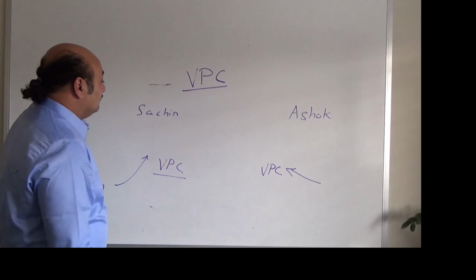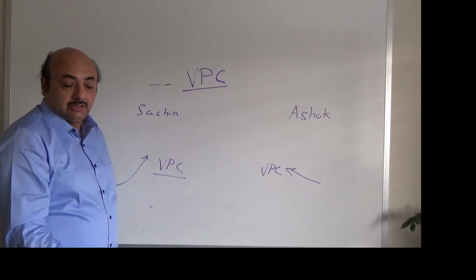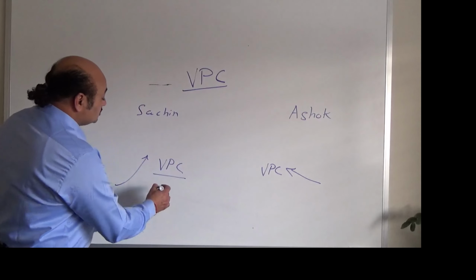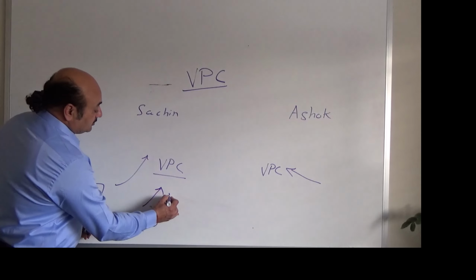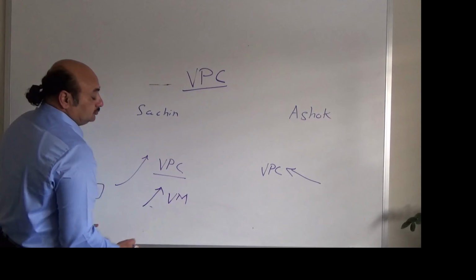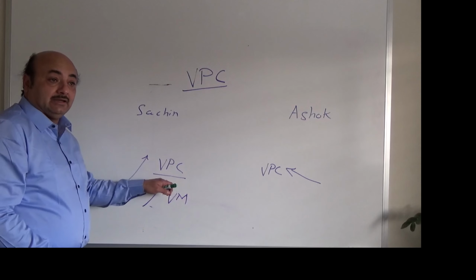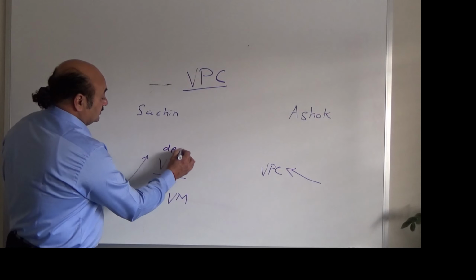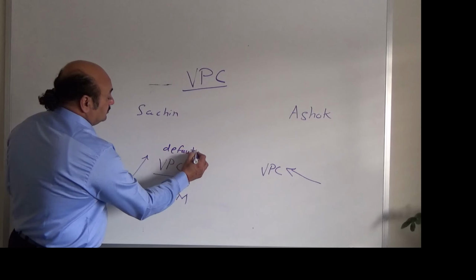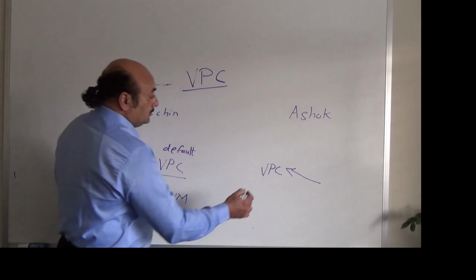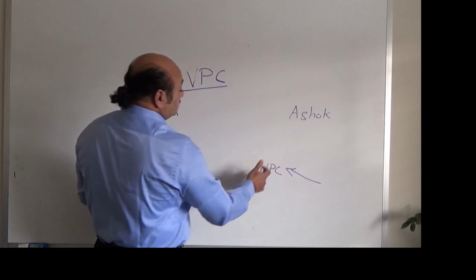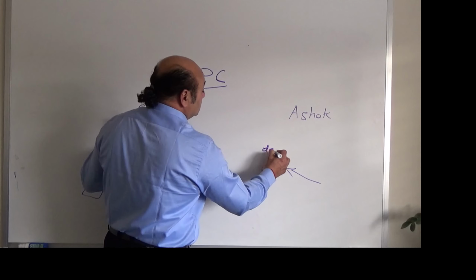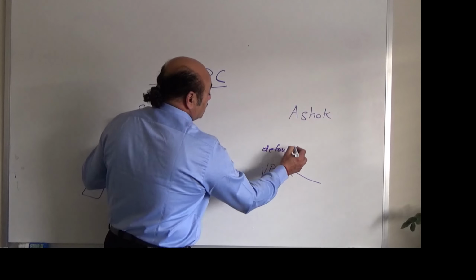Okay. And whatever I create, for example, I create a virtual machine, my virtual machine will be created in my VPC. Okay. So this VPC that I get when I log in, we can call it a default VPC. And similarly, when Ashok logs in, the VPC that he gets is his default VPC. Okay.